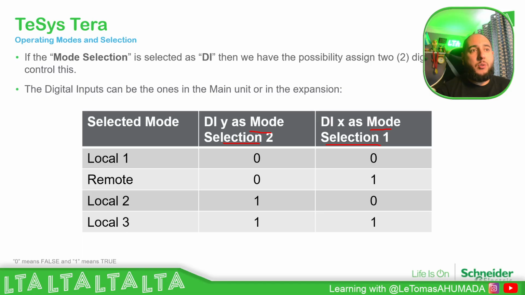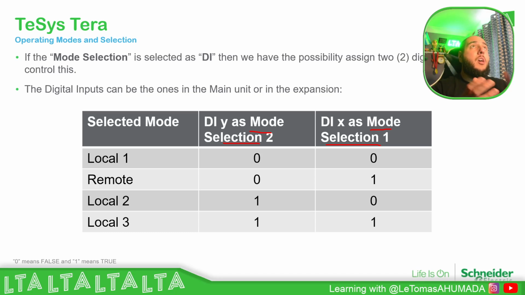If I put a true on mode selection 1, the one that takes control is the remote. If I use selection 2 at 1 and the other at 0, it's going to be the local 2 start and stop. And if I use both true, then local 3 is the one. So this is how it works when the mode selection is in digital input.